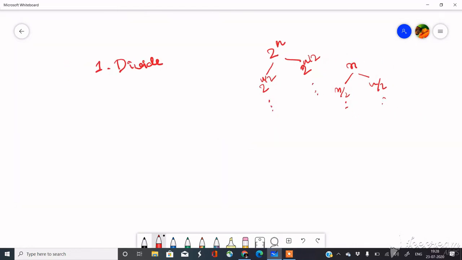Second step is recurse. What do we do in the recursion step? In the recursion step, we have, after dividing, how the algorithm is going to go forward.